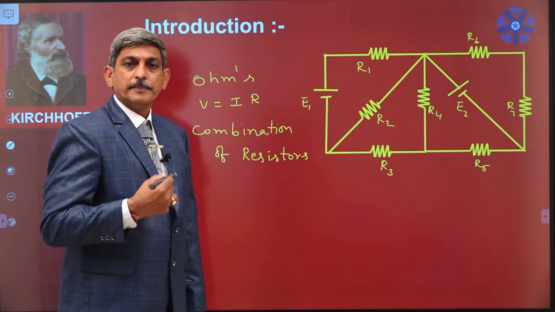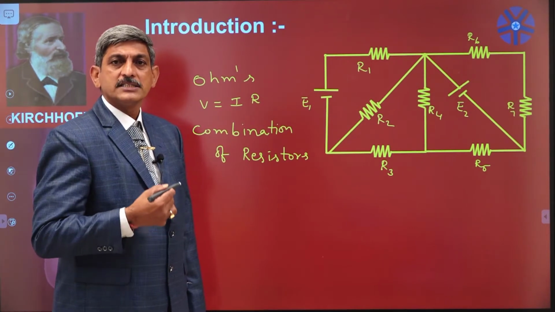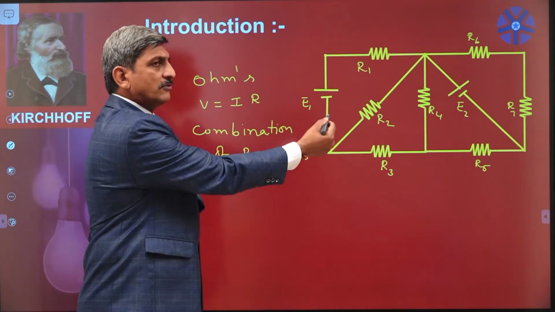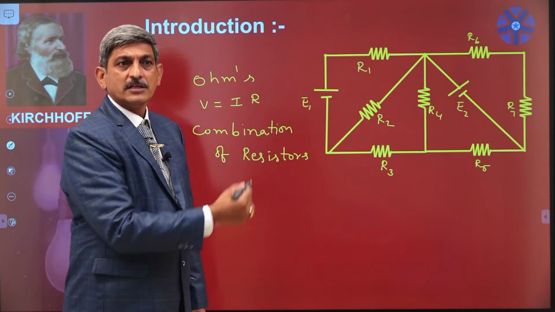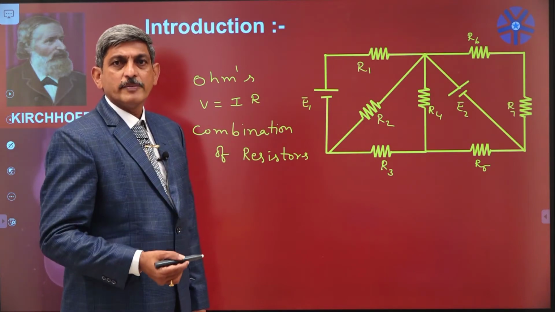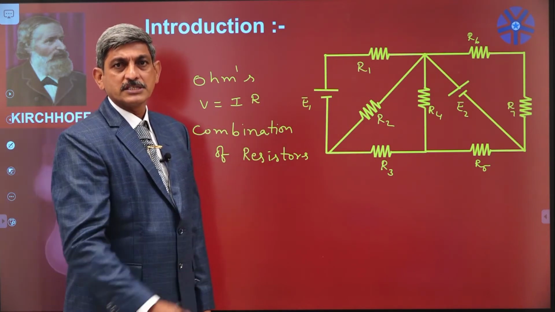Using the basic law, Ohm's law, and the series parallel combination of the resistors, we are unable to solve such complicated networks containing more number of batteries and more number of resistors.